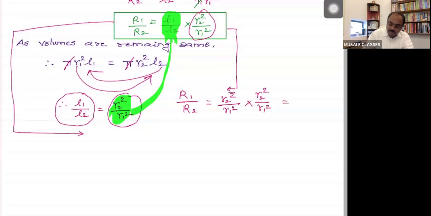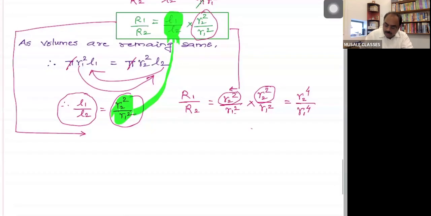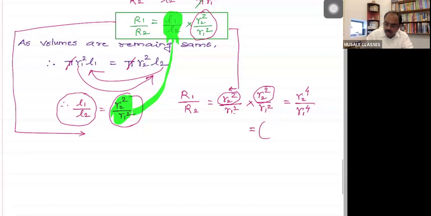So this is R2 square, this is R2 square. So it will be R2 raised to 4 and this will be R1 raised to 4, which I can write as R2 upon R1 raised to 4.